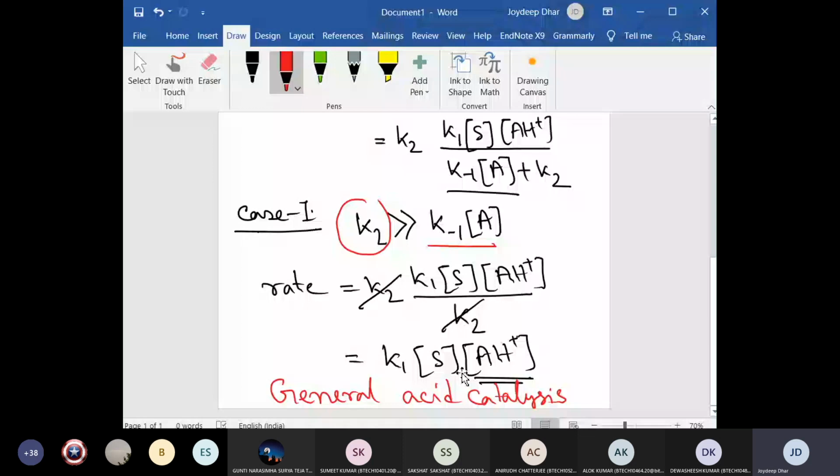So in case 2, I can show that it will be the opposite. That means when the backward rate is much larger than the product formation rate constant.